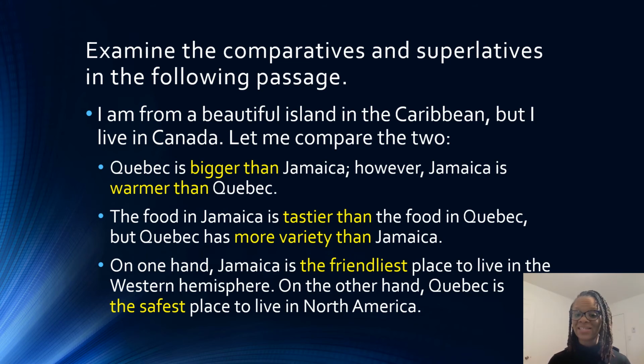On one hand, Jamaica is the friendliest place to live in the Western Hemisphere. On the other hand, Quebec is the safest place to live in North America. Of course, these are not facts, but merely opinions. Friendly ends with a Y, so we change the Y to I and add EST. And safe has 1 syllable, so we add EST.